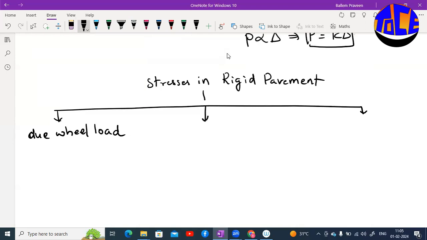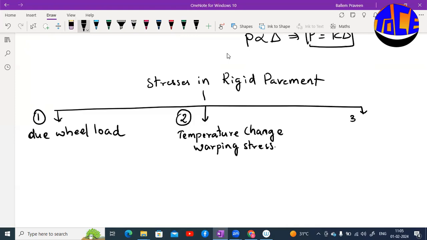And the second one is due to temperature variation, or temperature change, so you get stresses like warping stresses. And the third one, the frictional stresses. So these are the three stresses we need to find in rigid pavements.